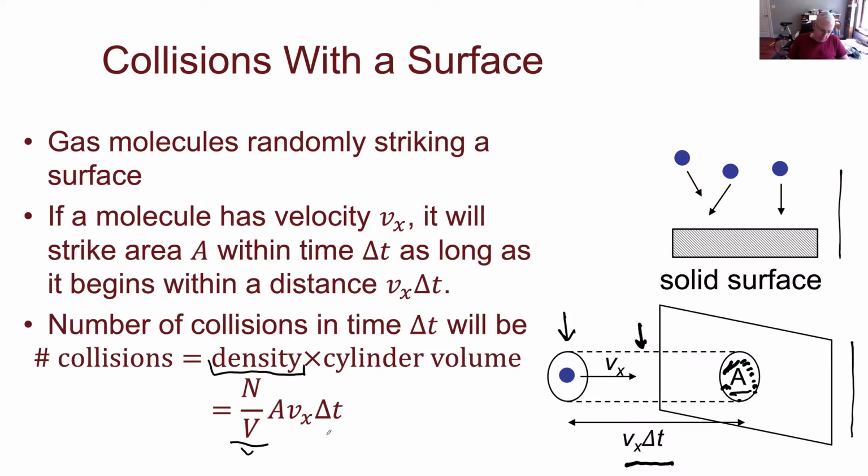And then this piece, A Vx delta t, that's the volume of that cylinder that we just imagined, okay? So that gives me a volume times the N over V piece. That's going to give me just a number, right? Because I'm left with no units there, because N is just the number of particles. That's going to be the number of collisions that should take place with my surface in time window delta t, all right? So keep that equation in mind.